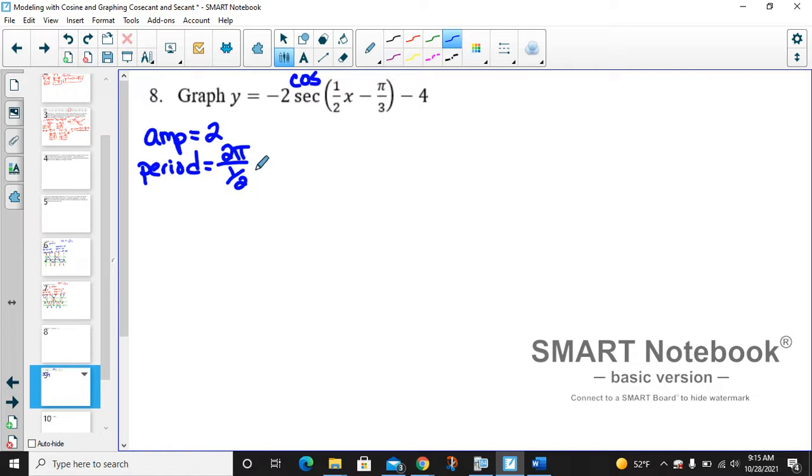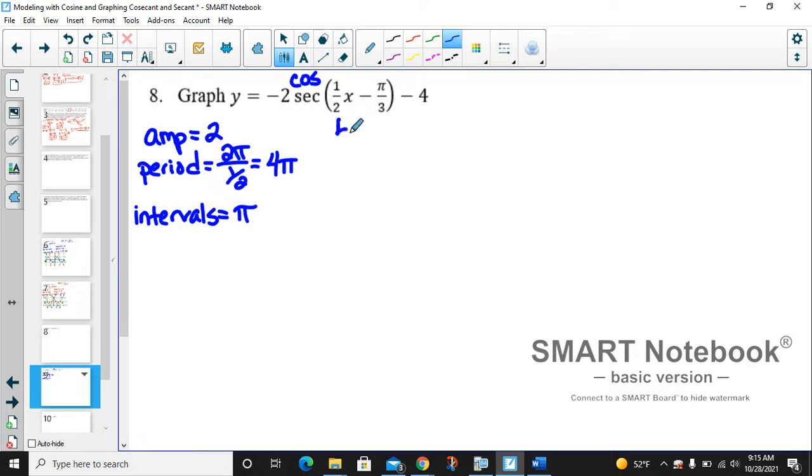When you divide by a fraction, you can multiply by the reciprocal. So you can multiply 2 pi by 2 over 1 and get 4 pi, which means our intervals, 4 pi divided by 4, is just pi.